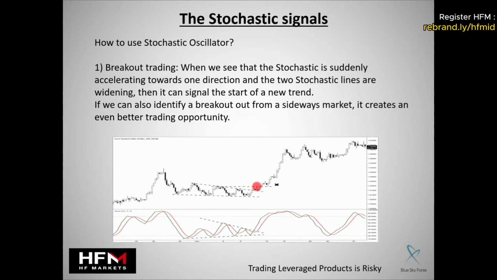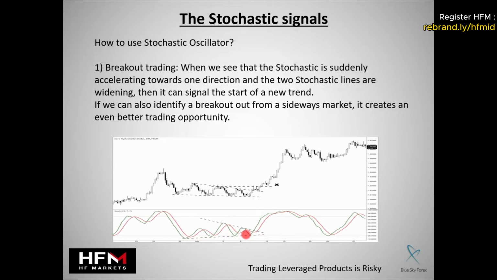The candles started closing outside of the previously established consolidation range here, and that's the side where we will be taking our trade. Okay, and the trade can be taken as soon as the first candle clearly closes outside of this range here, and then you can trade upwards.